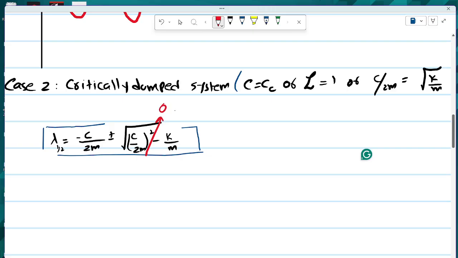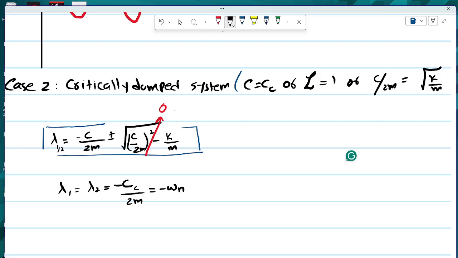It becomes 0 because C over 2m equals root k over m. The only thing we are left with is a real component, that's C over 2m only. So lambda 1 would be equal to lambda 2 equals minus C over 2m, because C is now equal to the critical damping constant, which can be written as minus omega n, the natural frequency.